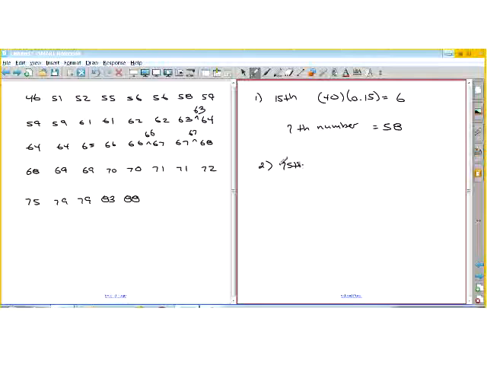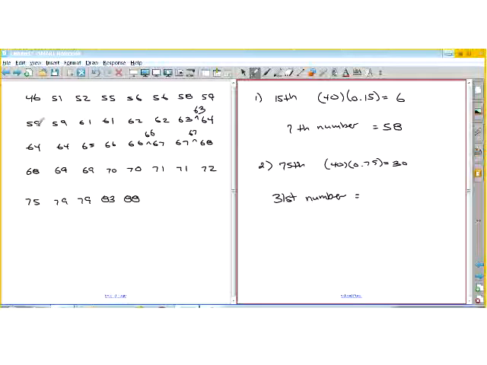Okay, the second one is the 75th percentile. Because we were talking about that in class, when it's an integer, do we use it or do we still go up to the next higher number? And it's always to the next higher number. So 40 times 0.75 is 30, which is an integer, so the 31st number would be the 75th percentile.